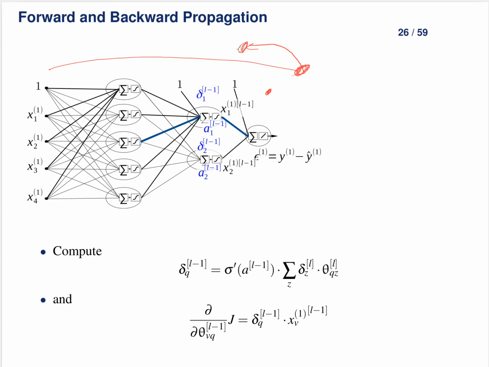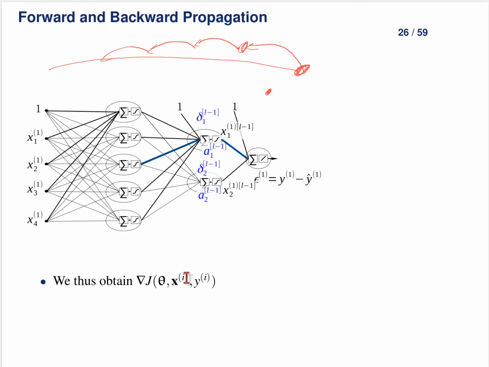We use the error here to compute the error in the previous layer, and so on and so forth, until we cover all the layers and arrive at the first layer. By playing with these errors, we are able to compute the derivative with respect to any parameter.